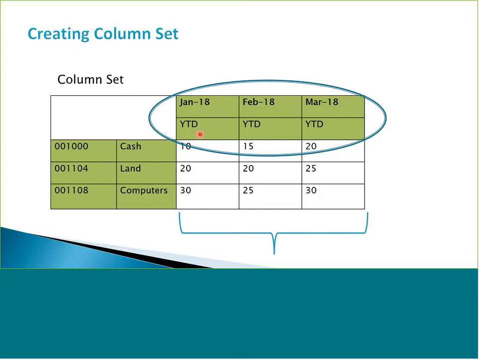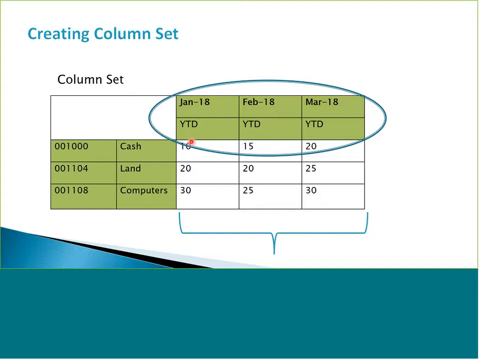As we go on into more complex reports, we are also going to see that there are other things you can specify in your column set, such as balance amounts. You can specify whether to display actual amounts or budget amounts or encumbrance amounts.